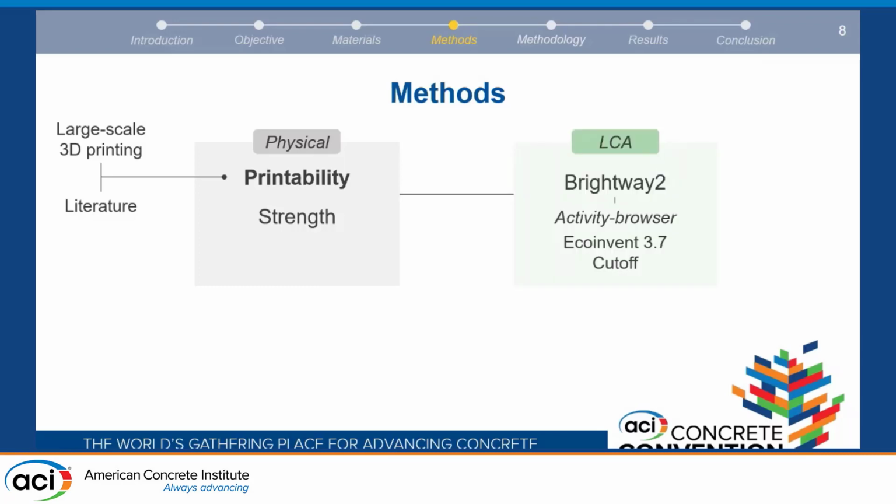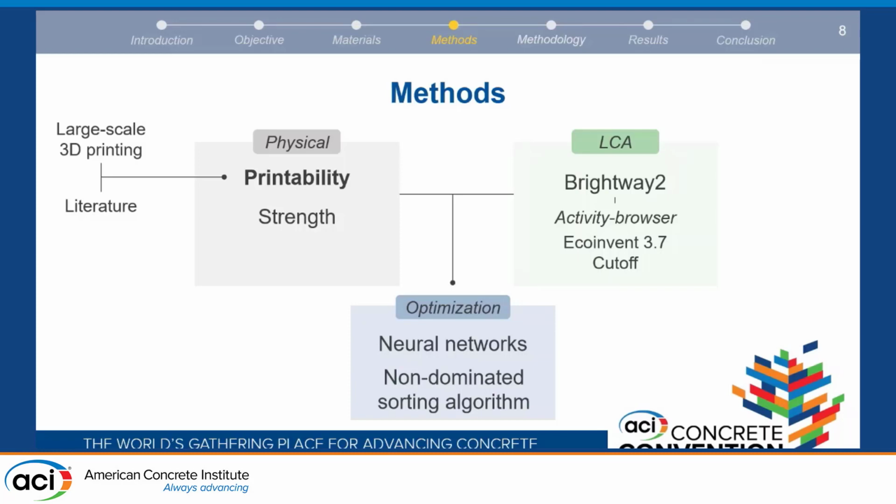For the life cycle assessment, we use the software Brightway 2, which is a Python package, along with its graphical interface Activity Browser. And we use the database ecoinvent 3.7 cutoff. Finally, for the optimization, we use artificial neural networks and a non-dominated sorting genetic algorithm named NSGA-II, which are also Python packages.